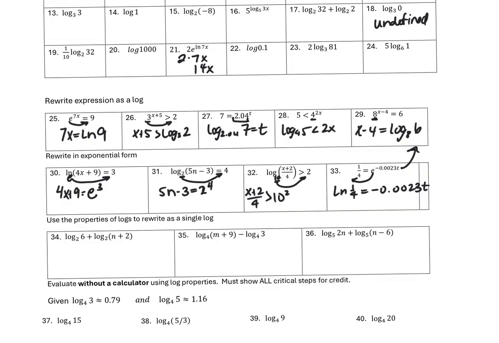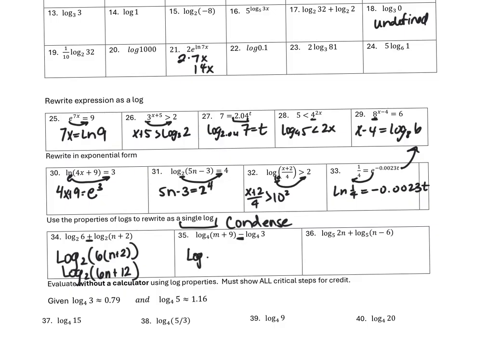Use the properties of logs to rewrite it as a single log. This is where we're condensing. So we should only have the word log written once. We have the log base 2, addition becomes multiplication. 6 times n plus 2. So the log base 2 of 6n plus 12. Subtraction becomes division.